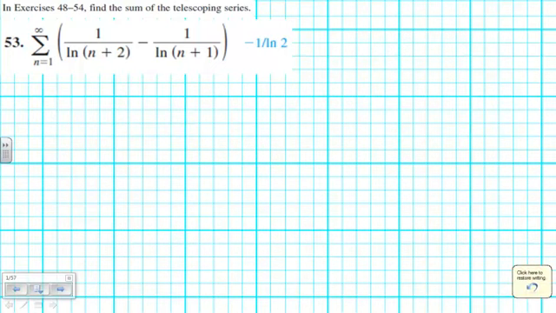So the way we approach all telescoping series is to think about partial sums. The first partial sum, when n is 1, we get 1 over the natural log of 1 plus 2, so it's the natural log of 3, minus 1 over the natural log of 2, right?